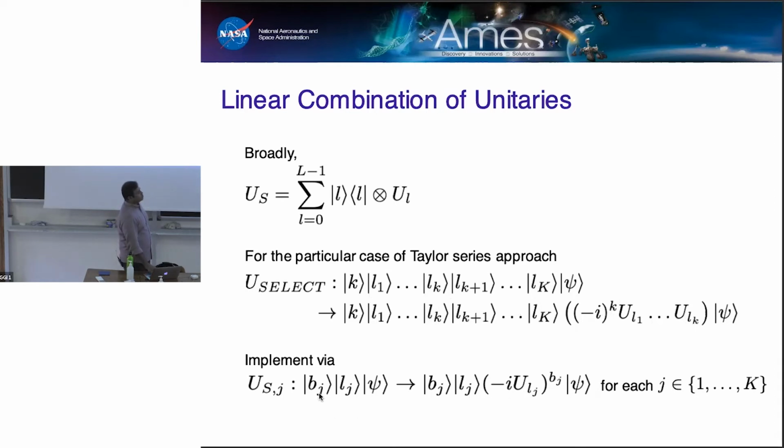So this B sub j encodes the bit value of the jth qubit in the K register. Remember the K register was encoded using this kind of unary encoding, where we have 0, 0, 0, 1, 0, 0, and so forth, right? And so this basically tells us what power in the power series expansion we're currently in.